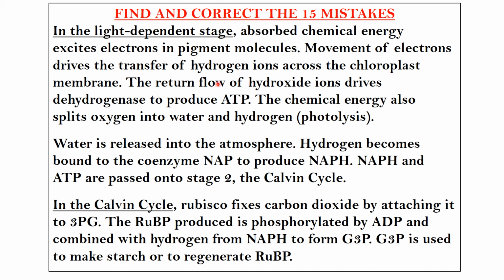Okay, so the first paragraph. In the light-dependent stage, absorbed chemical energy excites electrons in pigment molecules. That is wrong, that should be light energy. Then the next one, movement of electrons drives the transfer of hydrogen ions across the chloroplast membrane. Then the return flow of hydroxide ions, that's not right, it should be hydrogen ions, drives dehydrogenase to produce ATP.